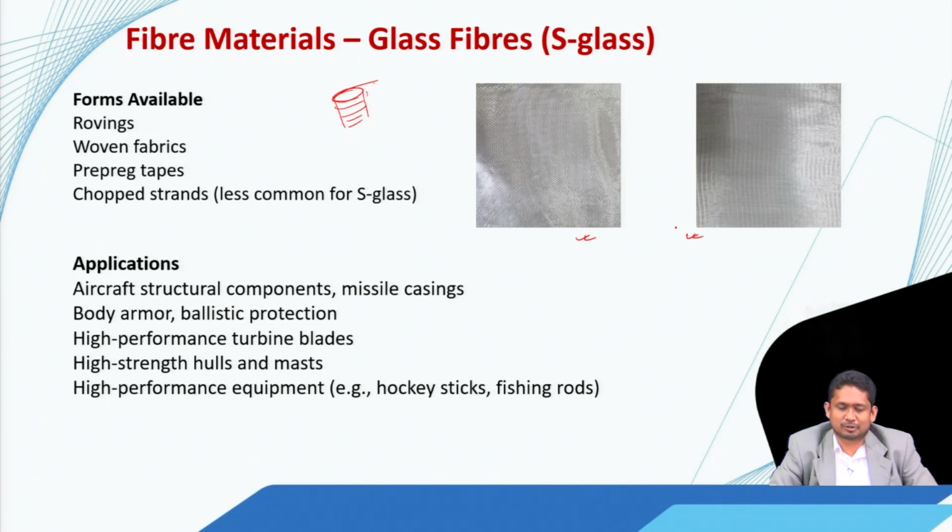There can be prepreg tapes also. Prepreg is something where the matrix is already there in the fiber, so the fibers are already impregnated with matrix. So we get fiber cloths like this, mats like this, which have already some matrix content. If I just join different prepregs and cure them, we get the composite. And also we can get it in chopped strand form, that means chopped fiber.